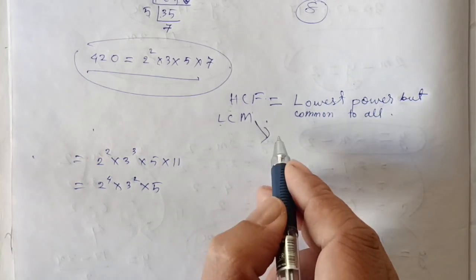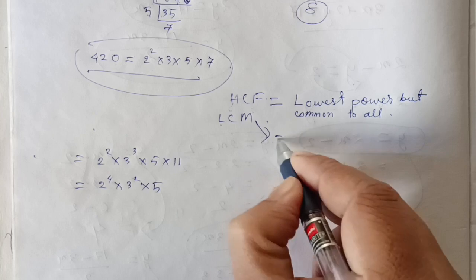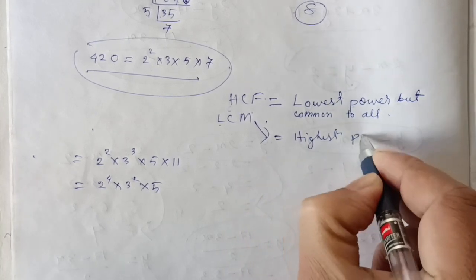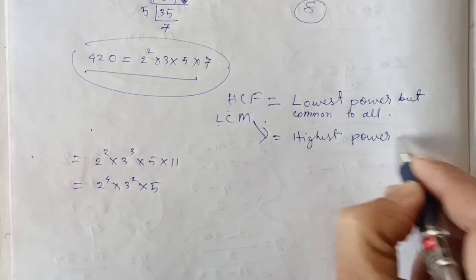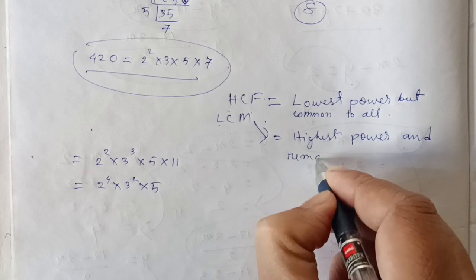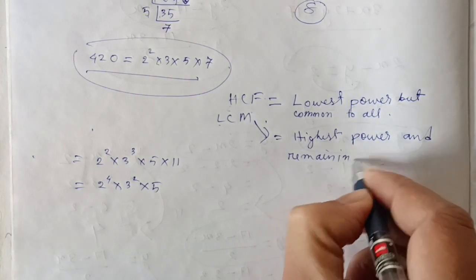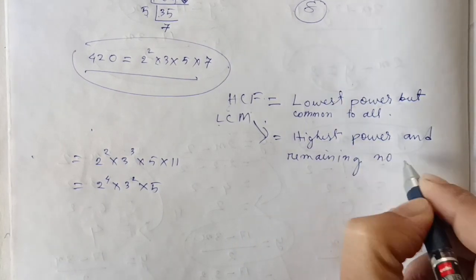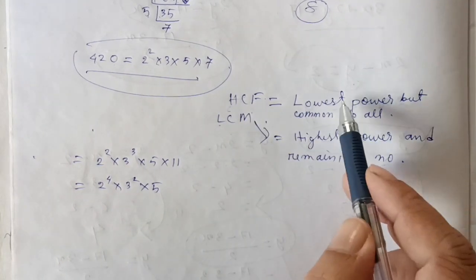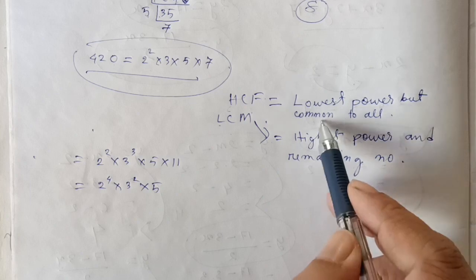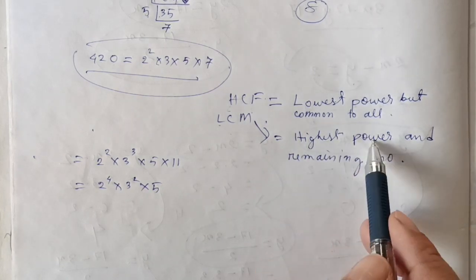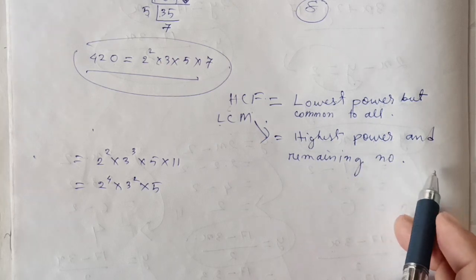What about LCM? If you want to find out LCM, you should select the highest power and the remaining numbers. If it is HCF, you select lowest power but common to all, and if it is LCM, you select highest power and remaining numbers.